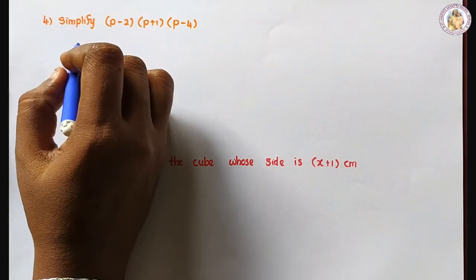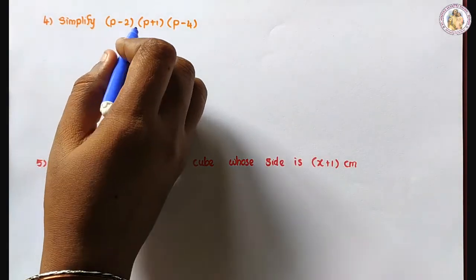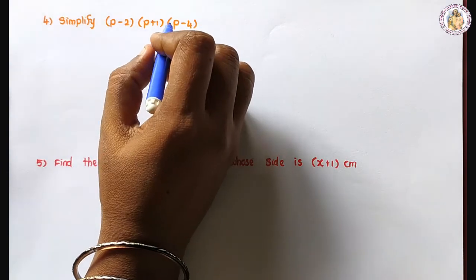Fourth one, simplify (p minus 2)(p plus 1)(p minus 4).